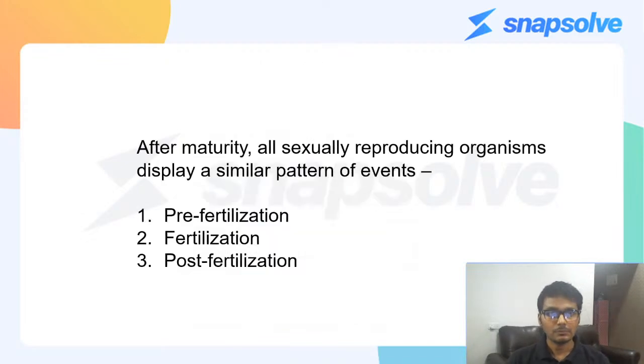So now, after studying all these phases, juvenile or vegetative in plants, reproductive and senescent phases, in the reproductive phase, if you want to study that in detail, there are 3 events related to when the organism is sexually very active, sexually reproducing, and those 3 events are related to fertilization.